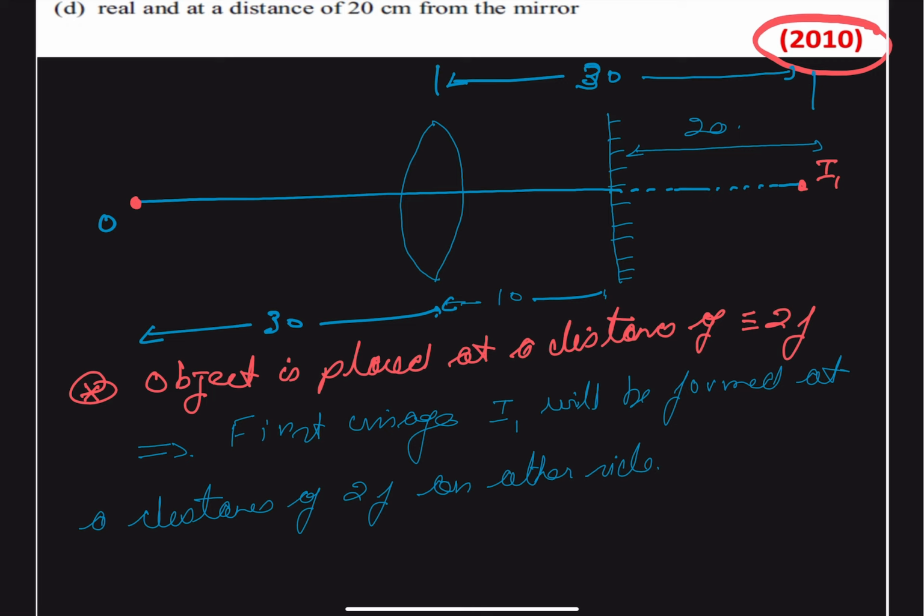We already have the distance between the lens and the mirror as 10, so at a distance of 10 centimeter, the second image will be formed. So this is our I2, so that the total distance from the mirror is 20 centimeter.